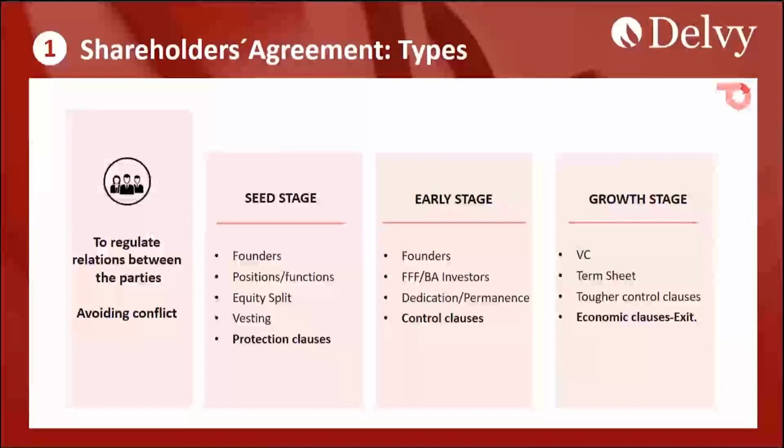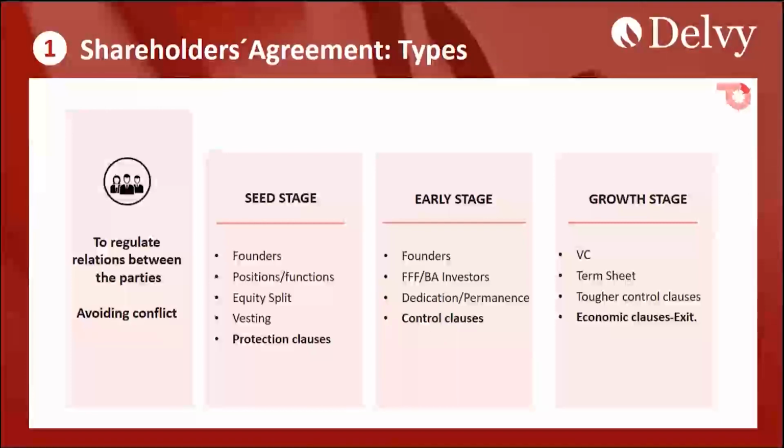Usually the control clauses will be much stricter, and will also have economic clauses in which they will pay more attention, in the sense that they will want to know how they're going to exit.